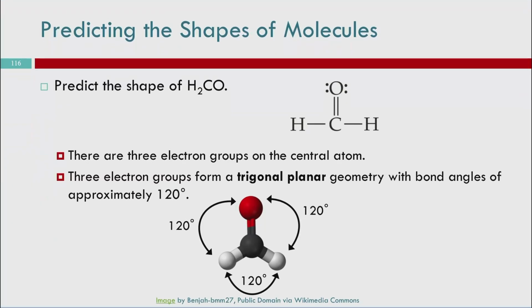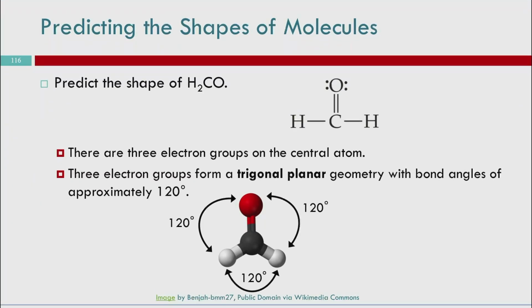We have other shapes. So for example, this H2CO that we drew up kind of early in our Lewis structures adventure. We reviewed that at the start of the lecture. We've got 3 groups on our central atom. So our 3 groups on carbon spread out.